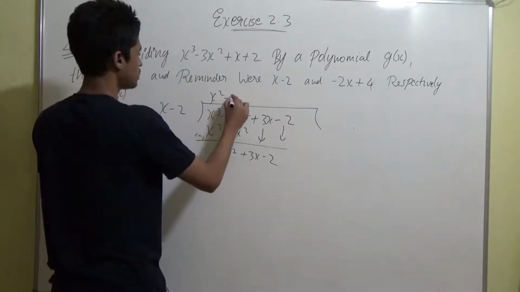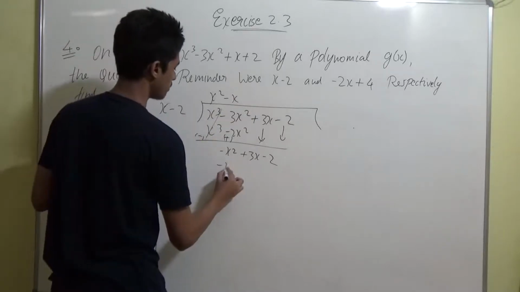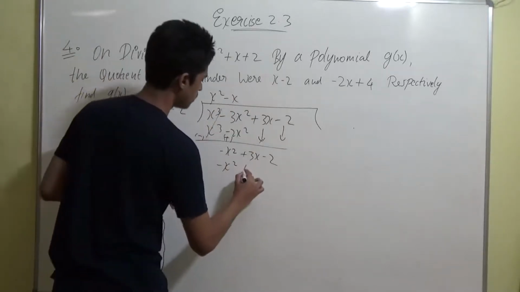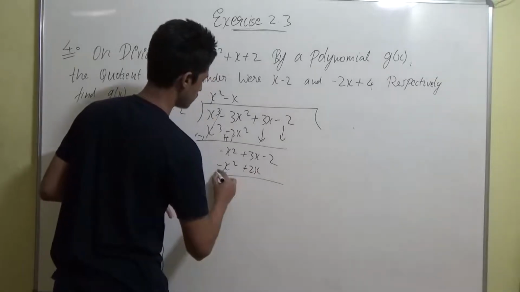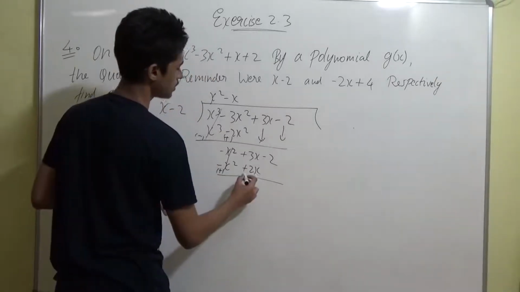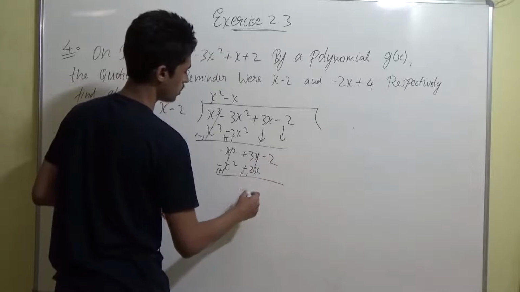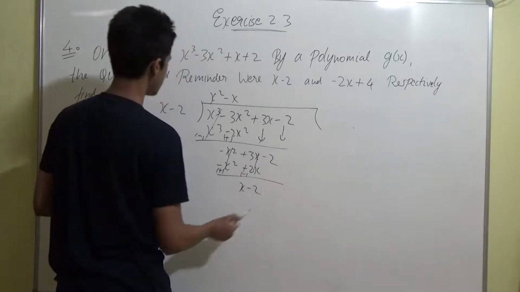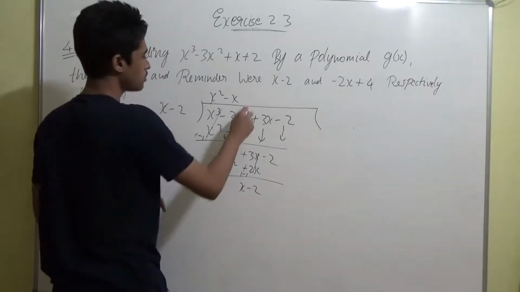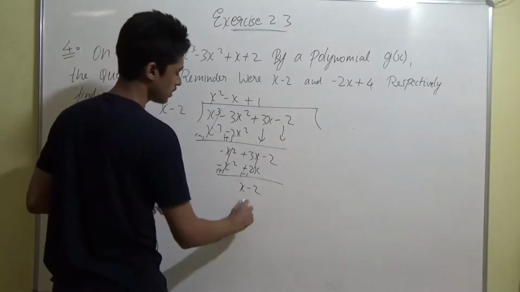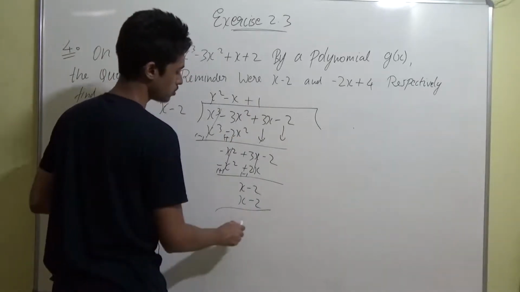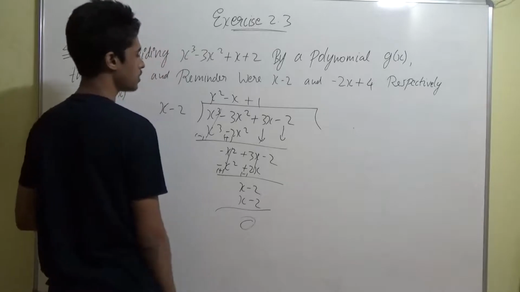And here it is minus x, right? You'll get minus x square and then plus 2x. After doing the subtraction, you are going to get x minus 2, right? These both are same. When these both are same, you have to just do plus 1, guys. That's it. Even here you are going to get x minus 2. The remainder you will get as 0.